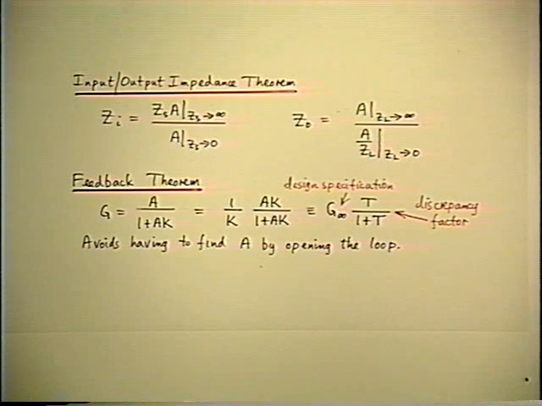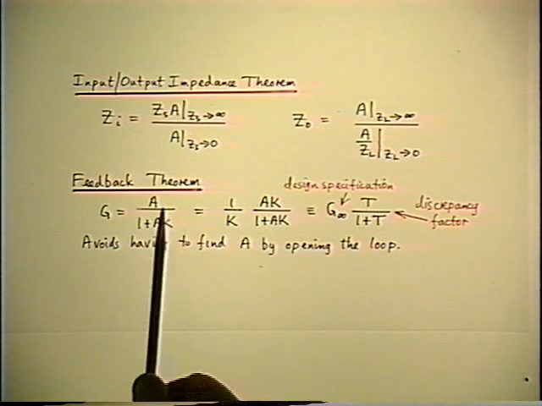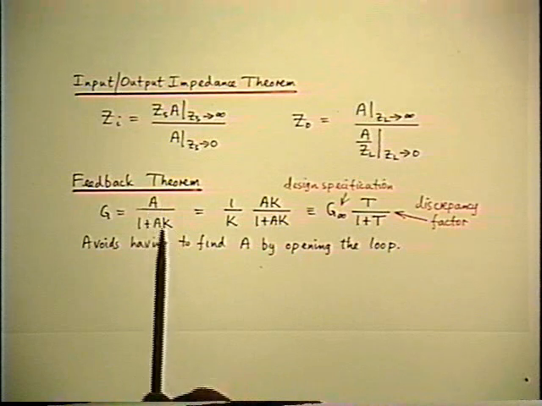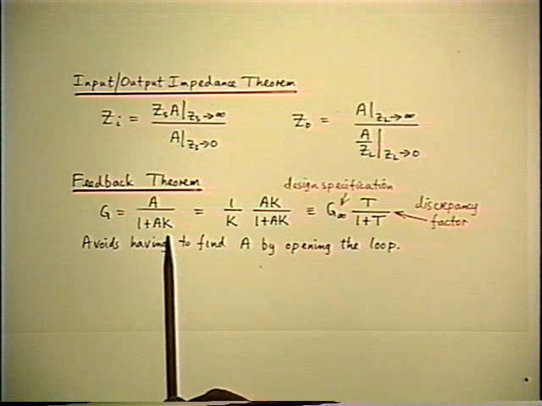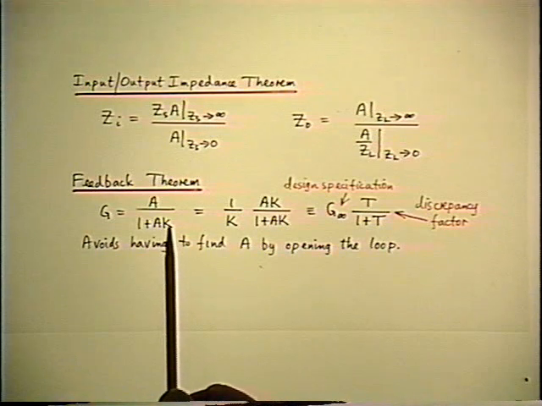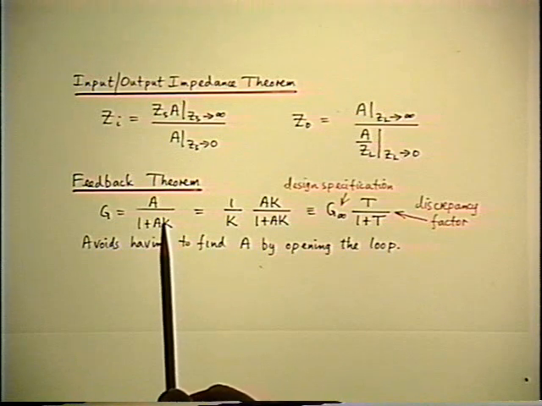Well, unfortunately, the very first step of that turns out in practice often to be quite difficult, because the act of breaking the loop upsets the value of the A and maybe the K as well. In other words, there's an interaction between the two boxes which you could call a loading effect.